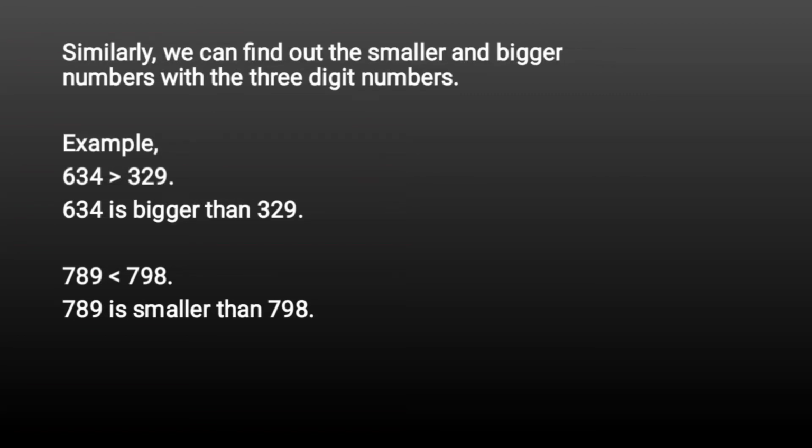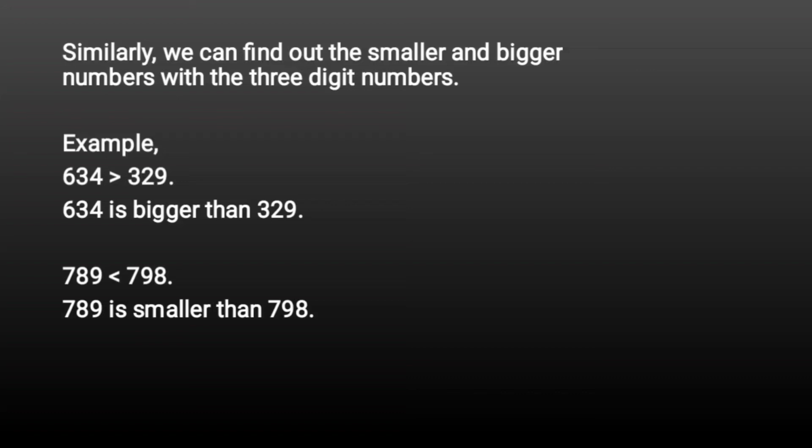Now see children, here in the first example, looking at the numbers, we can already identify where each digit stands: units, tens and hundreds. So here we have a 3-digit number. Looking at the hundreds place, we understand which number is the smaller one or the bigger one. The first number has 6 in the hundreds place, and the second number has 3.